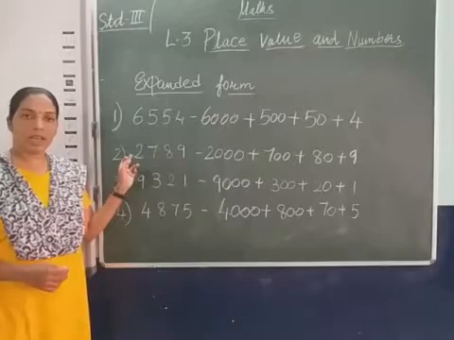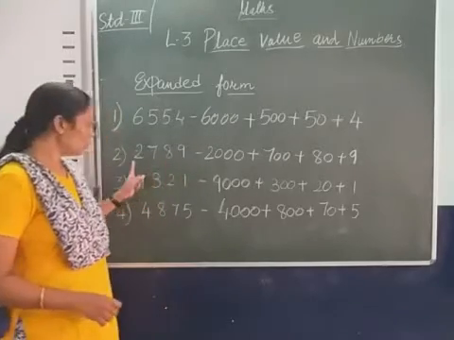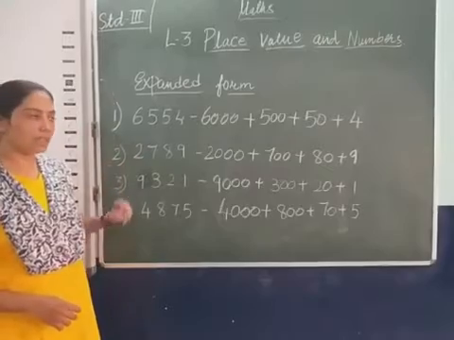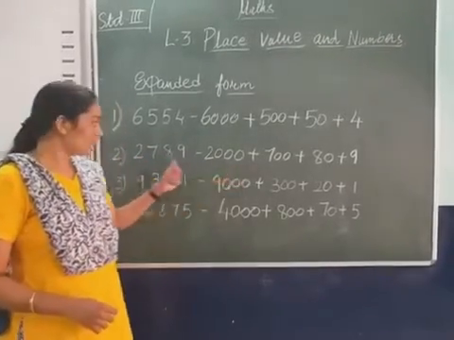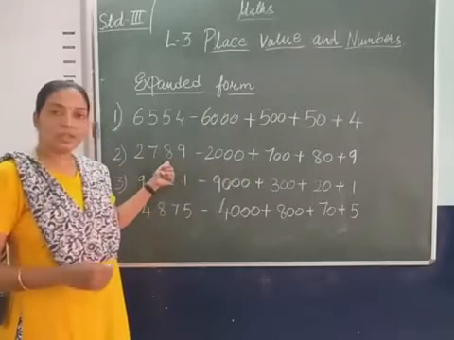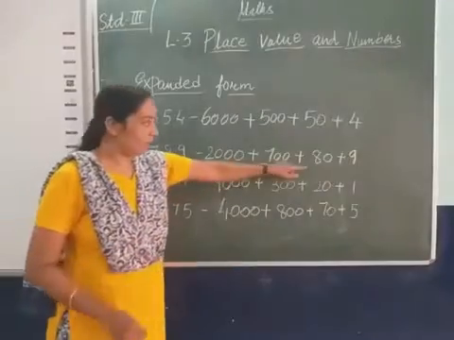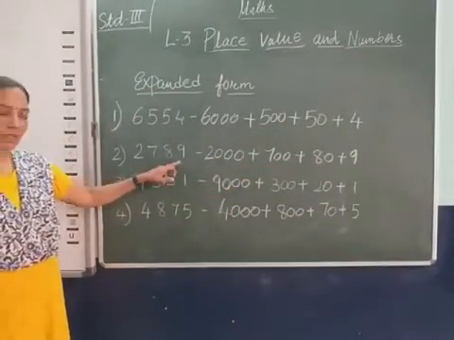2789 we will read as 2789. 2 is on the thousands place, that's why we expand it 2000 plus 700 plus 8 is on the tens place, we expand to write here 80 and 9 is on the ones place, plus 9.